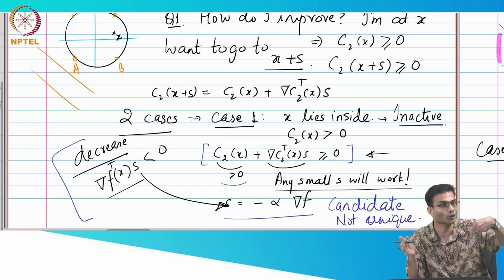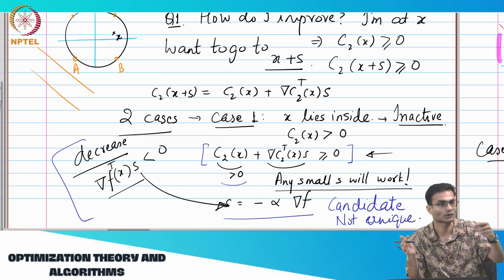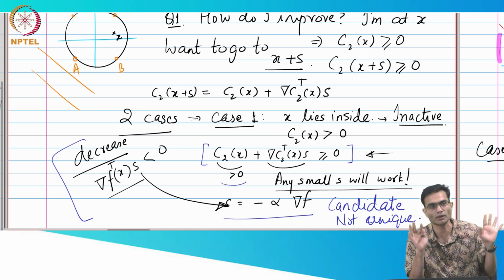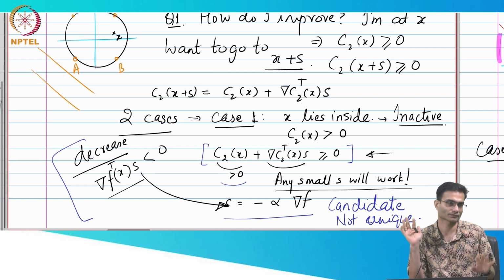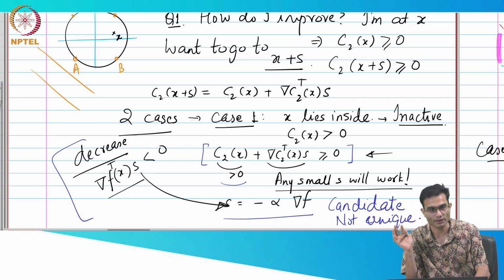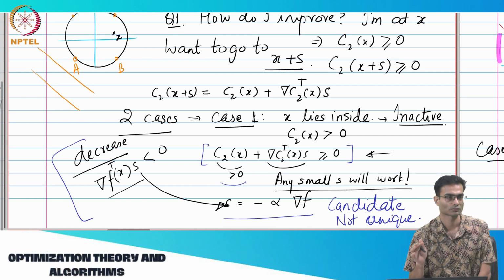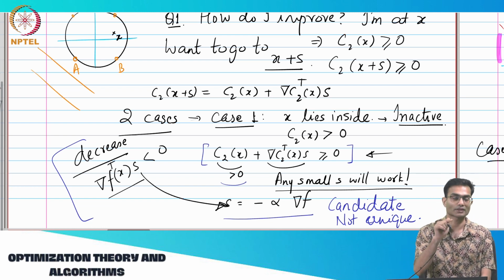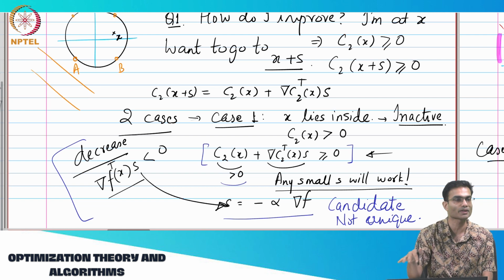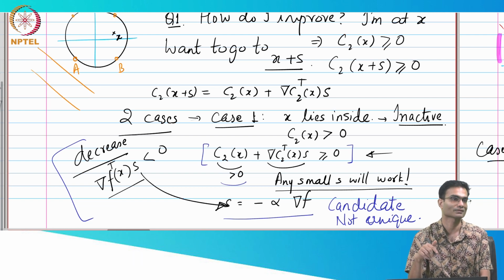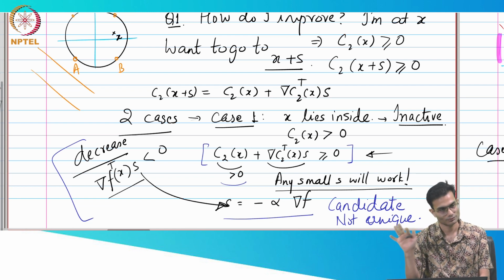So I'm talking about the direction, not the length of the vector. So any direction will work, as long as the total term is greater than or equal to 0. It can be negative also. According to the definition of feasible direction, this guy didn't appear only because this is an inactive constraint. This guy drops out of the discussion altogether.